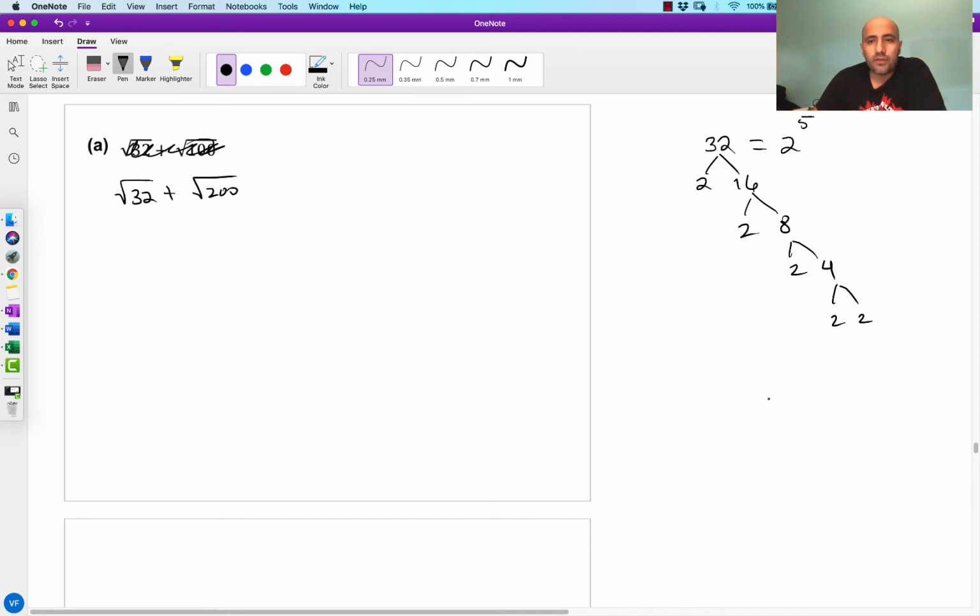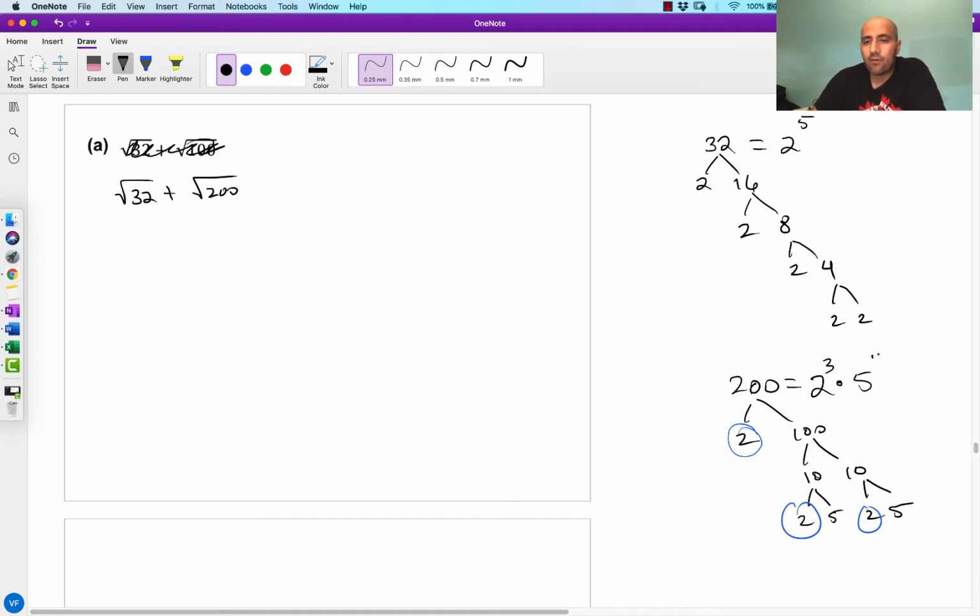And 200, we can break that down into 2 times 100, which then breaks down into 10 times 10, which then breaks down into 2 times 5 and 2 times 5. So there are 1, 2, 3 powers of 2. This is equal to 2 to the power of 3 times 5 to the power of 2.